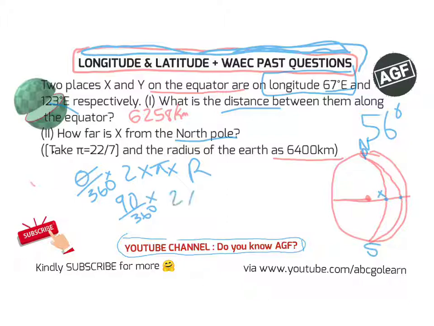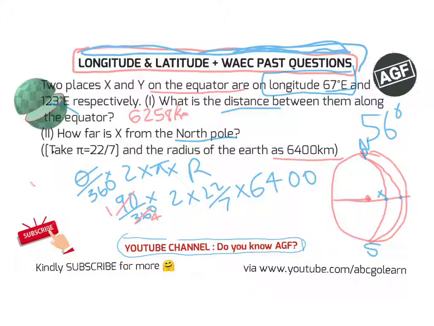Now we multiply this by 2, multiply by pi. Pi is 22 over 7. Now you multiply it by R. What's the R? You've already been given R to be 6,400 kilometers. And with this, you can actually cancel. Okay, let me use another color. So you can cancel this to give you 1 and use 1 for 4.